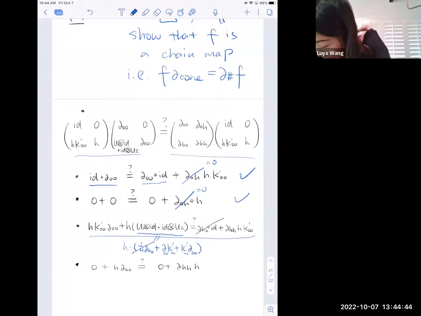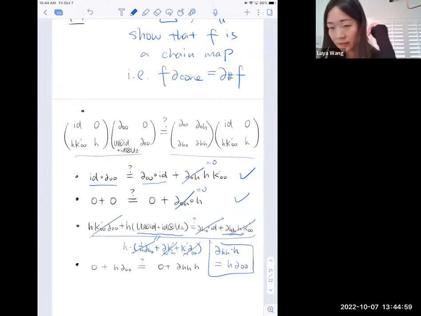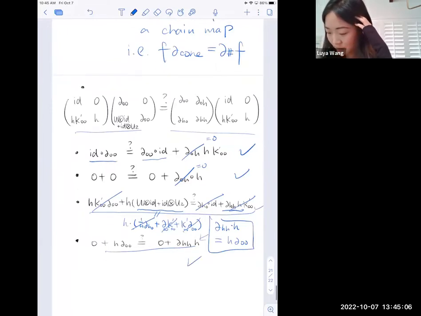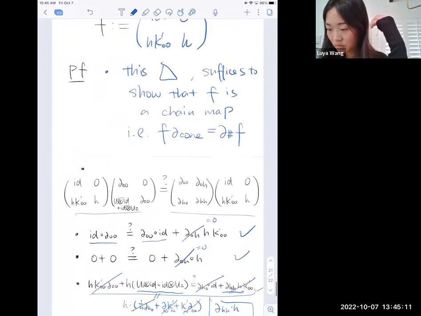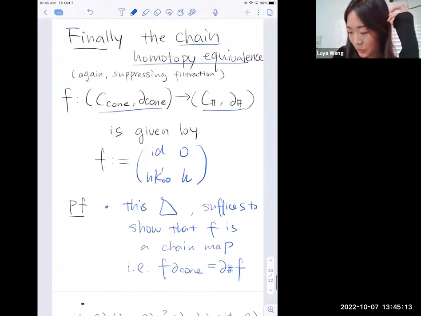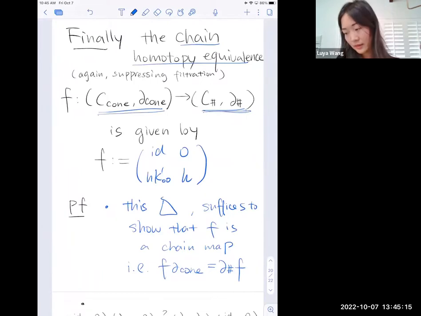So this term cancels with this term, and this term cancels with this term. Because another thing you need is partial HH times H is equal to H partial 0, 0, which is also an equation we had before. And then the last one is just exactly this equation. So this is also satisfied. And then this is our chain homotopy equivalence between my cone complex and my connected sum complex.